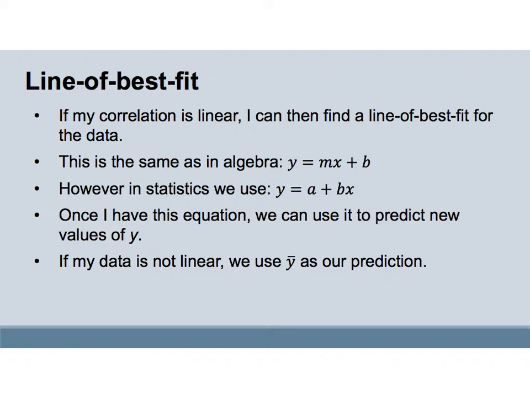Once I have this equation, I can use it to predict new values of y. If my data is not linear, you have to use the average of the y's as your prediction. So don't use a linear equation to make a prediction of something that is not linear.